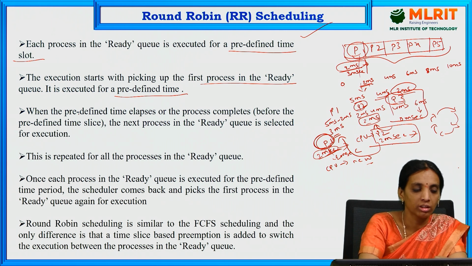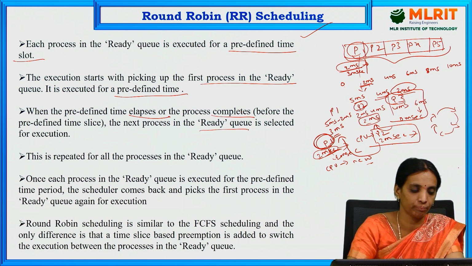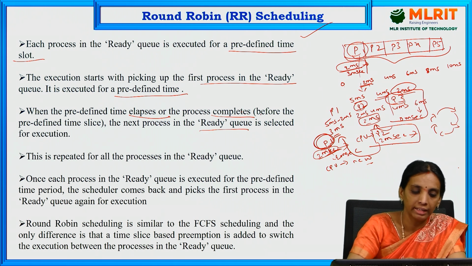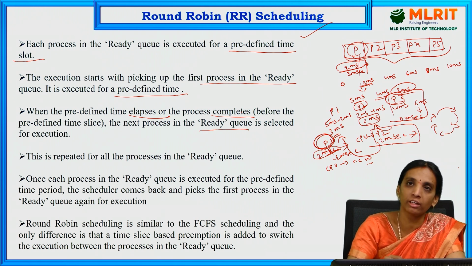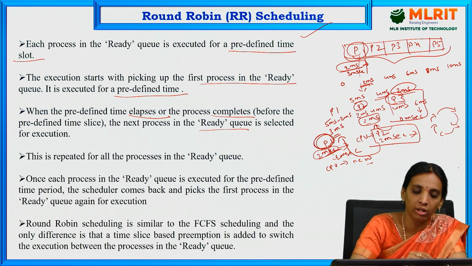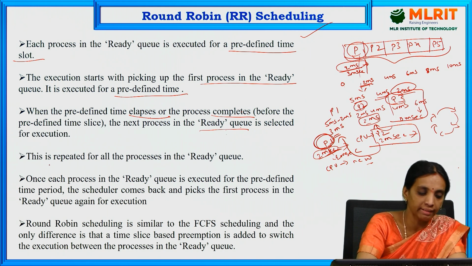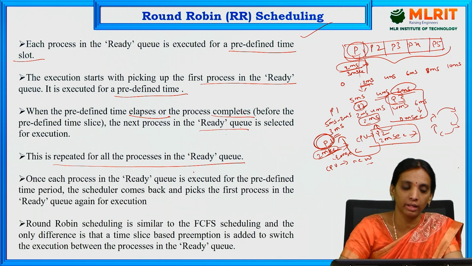If the slot elapses or the process completes before the slot time, the next process enters. If the execution is completed for the current process, then a new process will enter. If it is not completed, it is preempted and the next process enters the ready queue. This is repeated for all the processes in the ready queue.